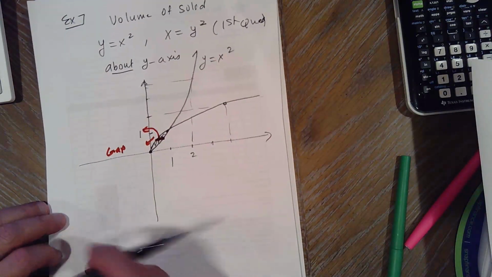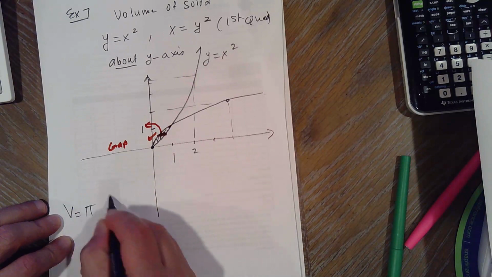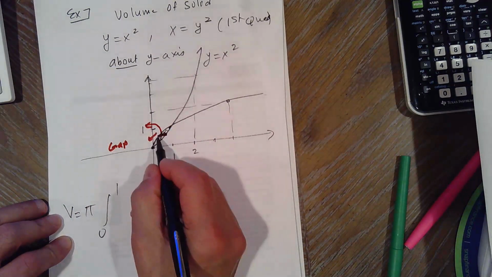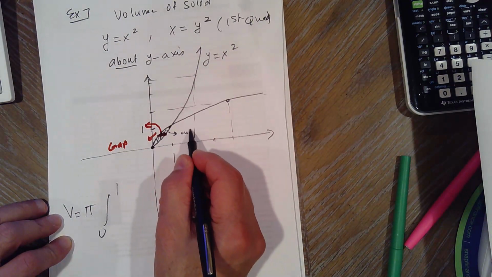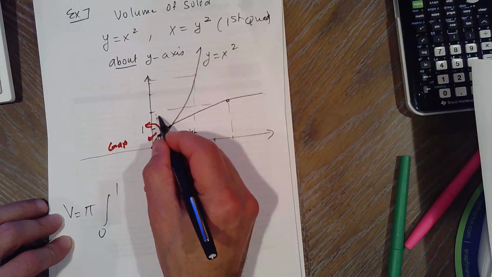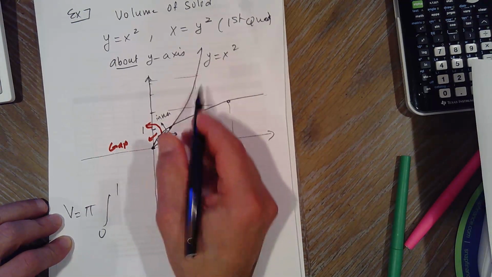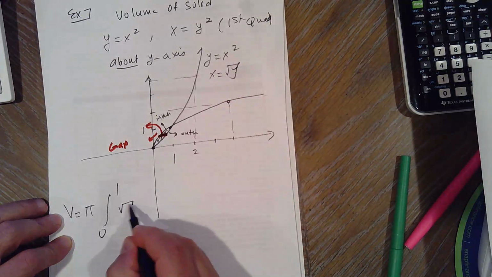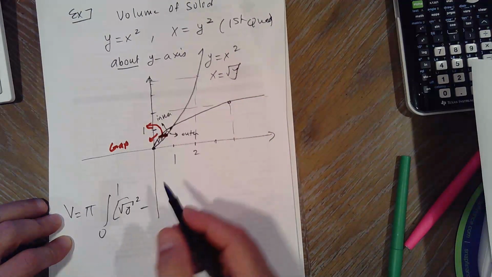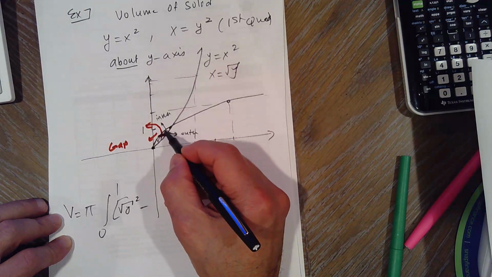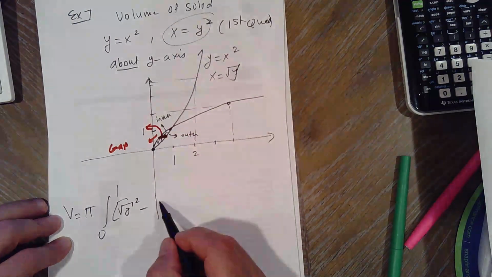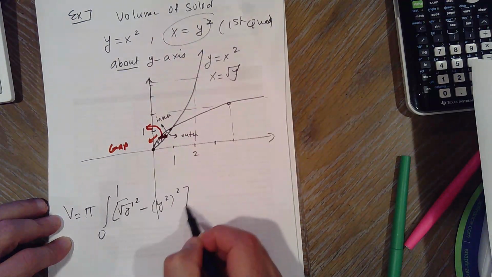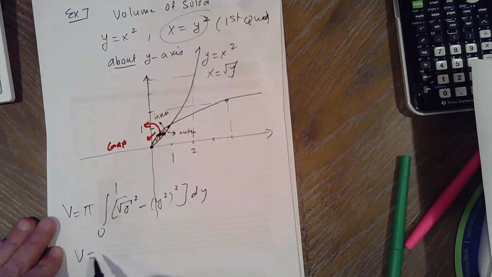So the y values, we're going to do from 0 to 1, and then the outer and inner. The outer is y equals x squared, but we need x, so x equals root y. So it's root y squared minus the inner, which is x equals y squared, so it's y squared squared dy.